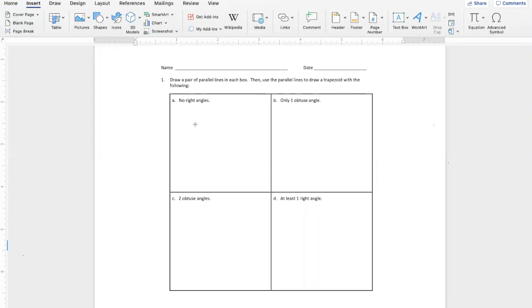It has to be a closed figure to make it a polygon. It also has to have 4 sides to make it a quadrilateral. And then we just learned that a trapezoid has to have at least 1 set of parallel sides. So that's why it says here in our directions to use the parallel lines to draw a pair of parallel lines and then use them to draw it with these characteristics.